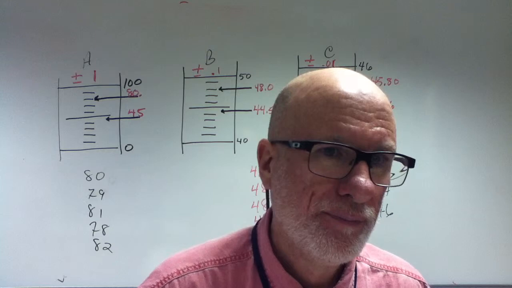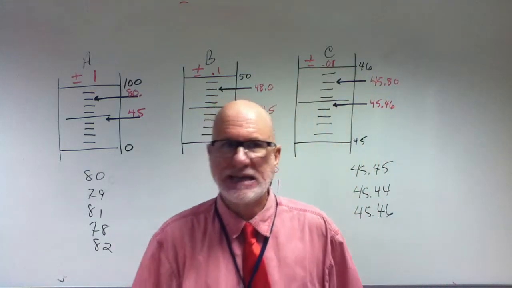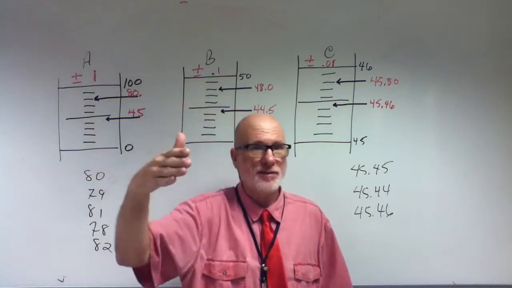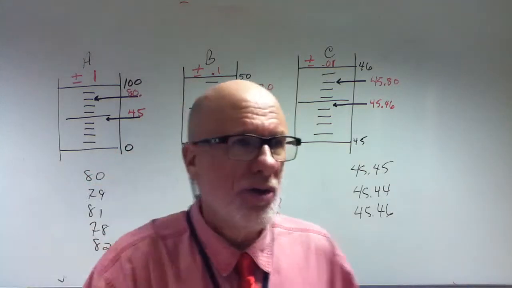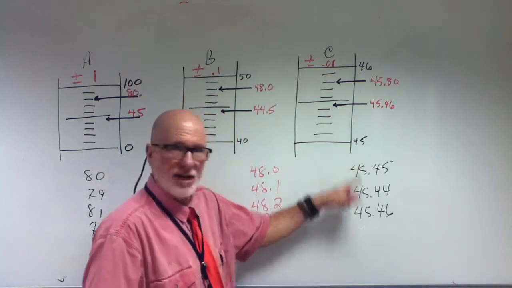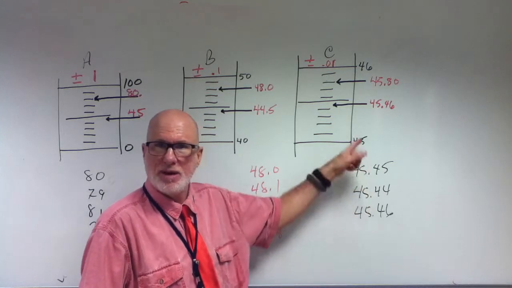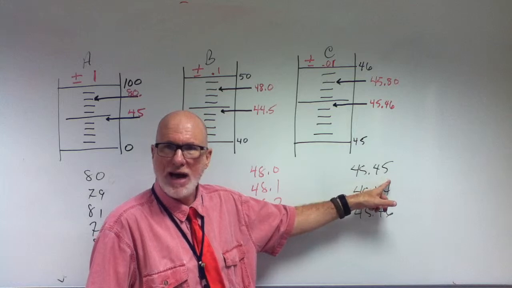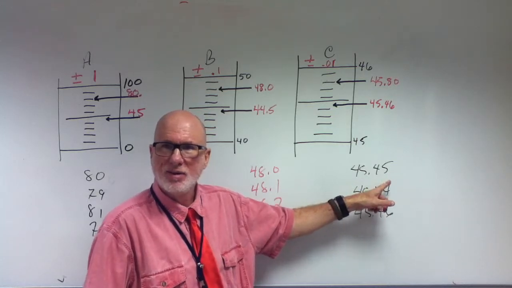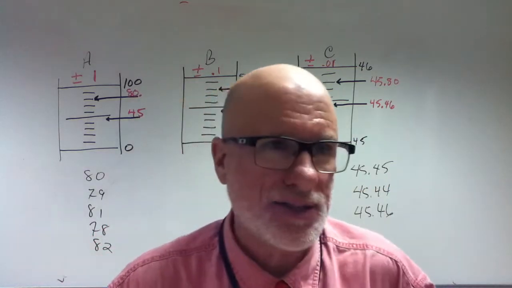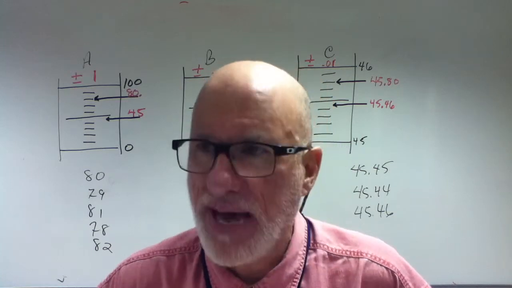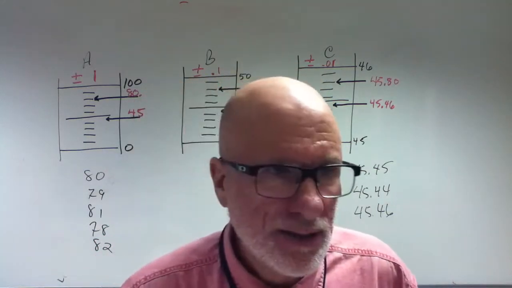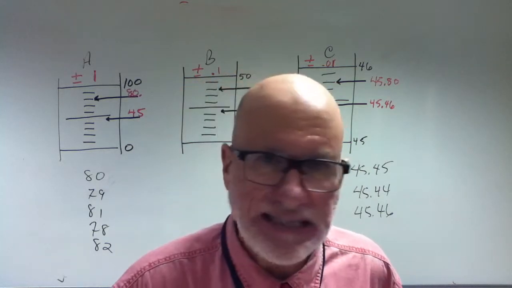I think it's C. How many people think it's C intuitively? Raise your hand. Yeah, and you're right. So you're going to get a closer agreement among data points, because what's the agreement within what? And how do you know that? Do you have to use the instrument to take data to know which one's more precise?